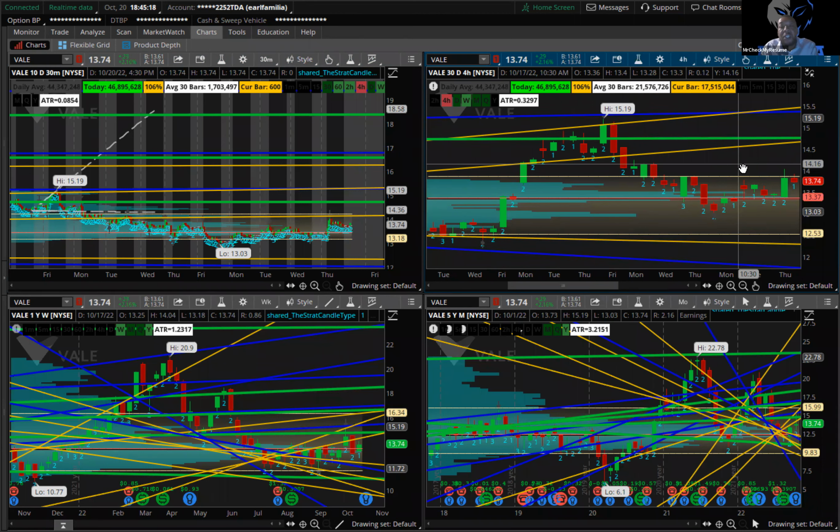As far as this 0 day for tomorrow, I'll just be watching to see if it creates that. If it does go 2 down on the 4 hour first, you have a level of like 1356, like 18 cents away, or maybe even 1351.